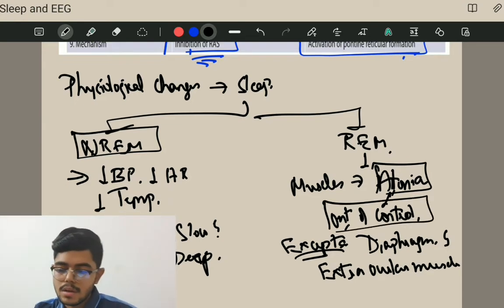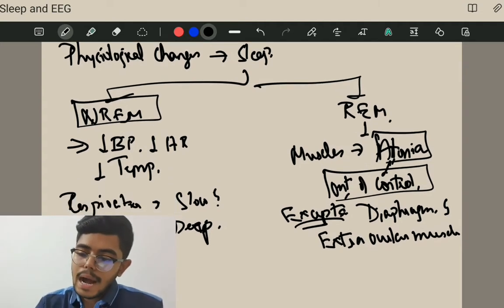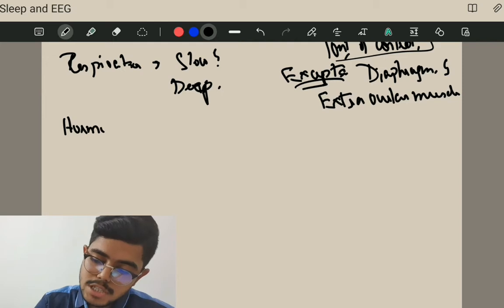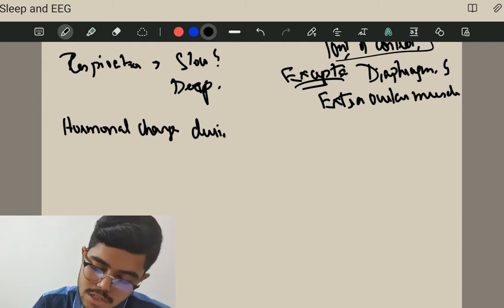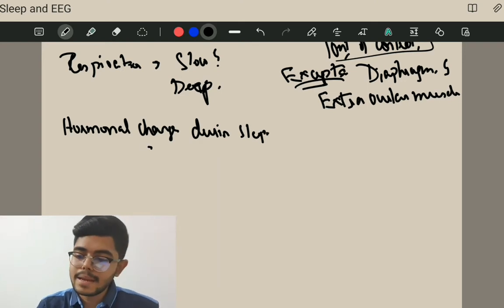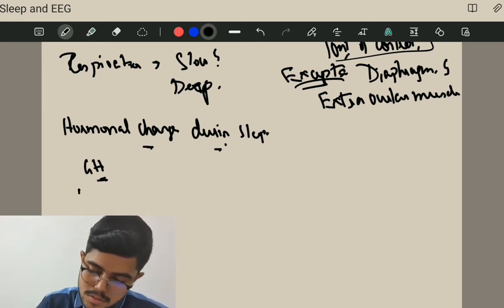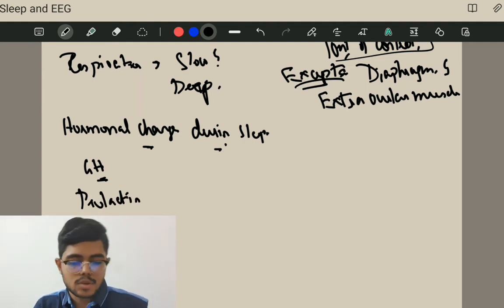Okay, fine. Next, after the physiological changes in sleep, we'll move on with hormonal changes during sleep. Hormonal changes during sleep is very simple. Mainly your growth hormone and your prolactin. In growth hormone, what happens?